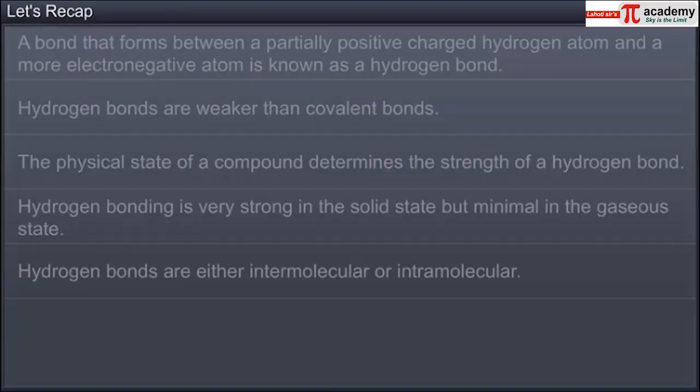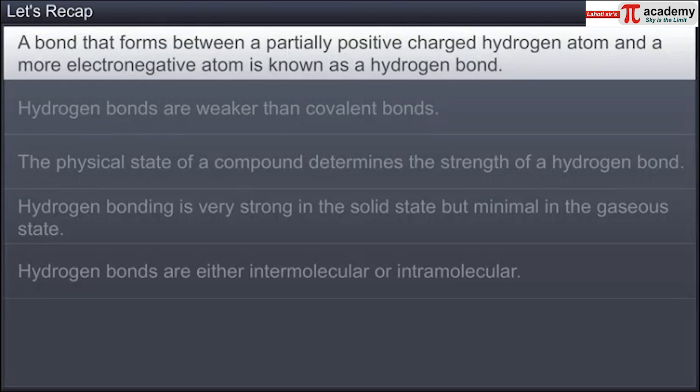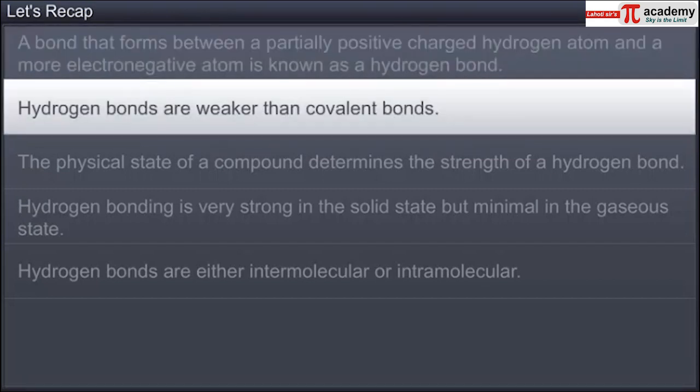You have now reached the end of this module. In this module, you learned that a bond that forms between a partially positive charged hydrogen atom and a more electronegative atom is known as a hydrogen bond. Hydrogen bonds are weaker than covalent bonds.